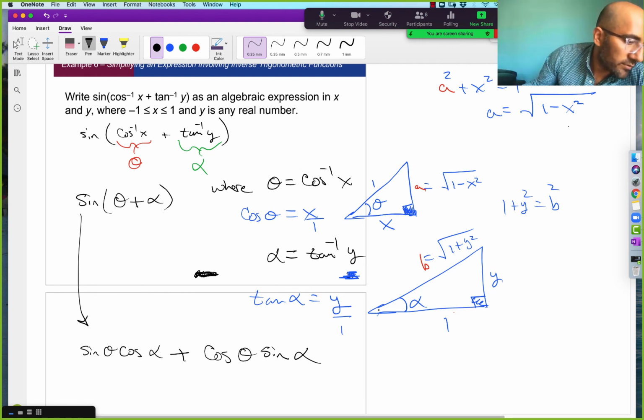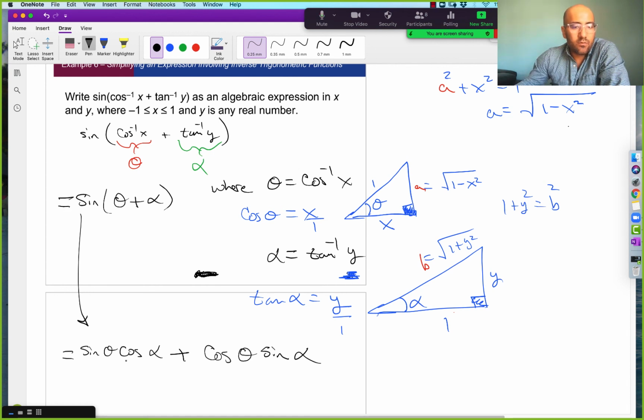Make sure I got that one right this time. Sine, cosine, and then cosine, sine, and a plus. Good. So this equals this, and then this equals this.